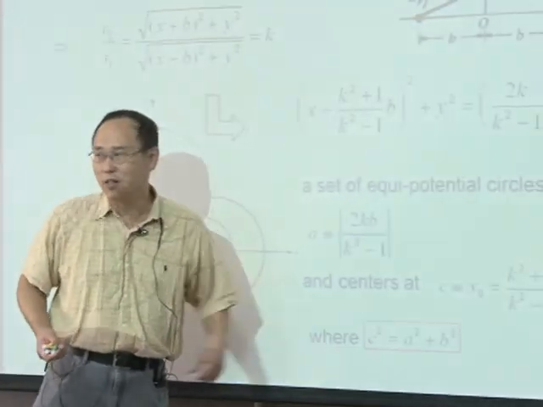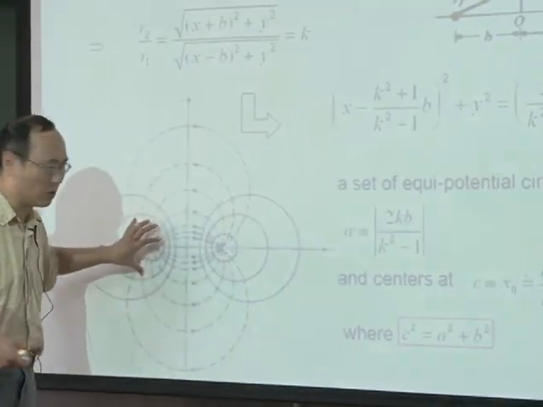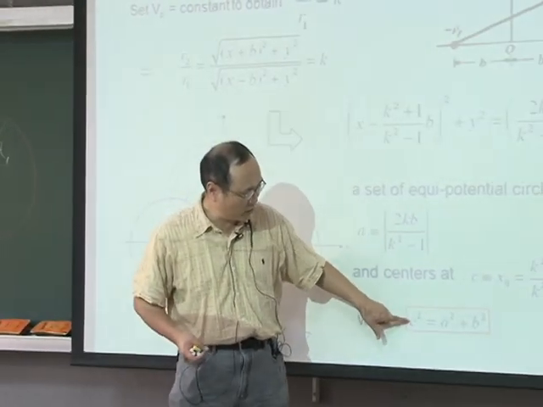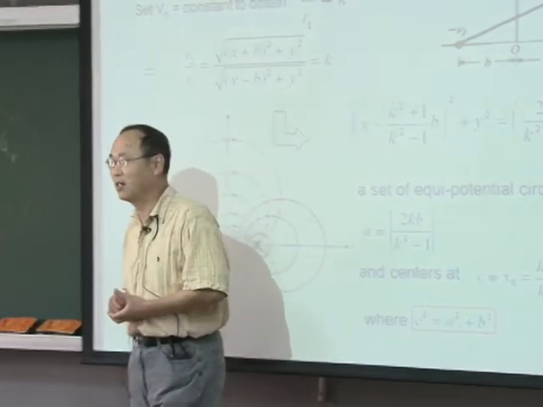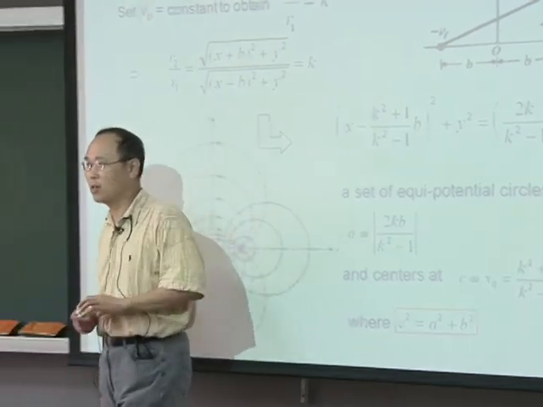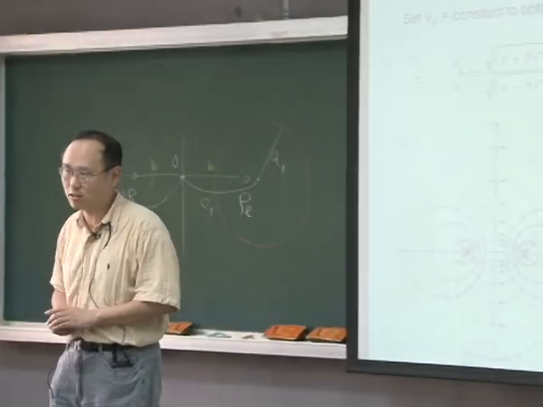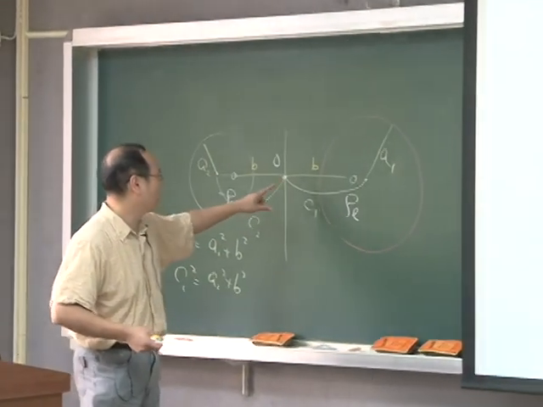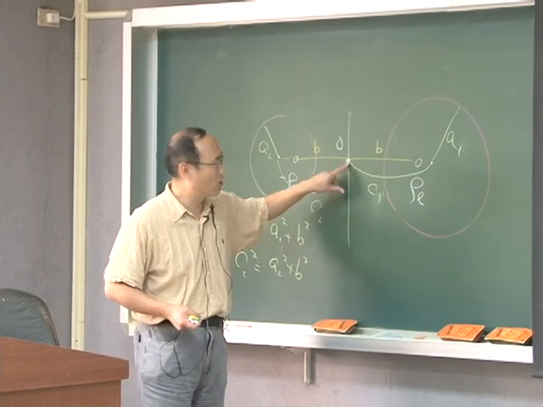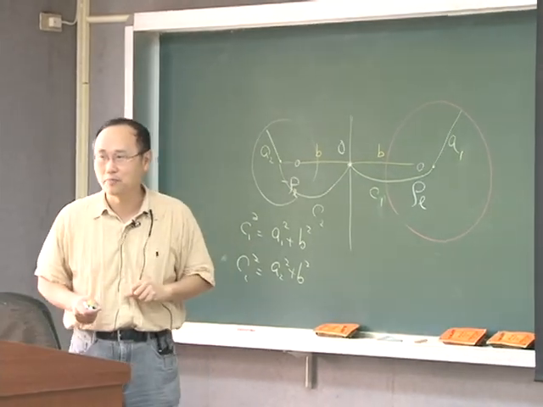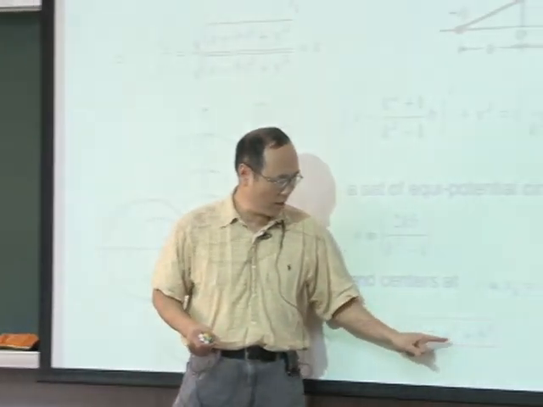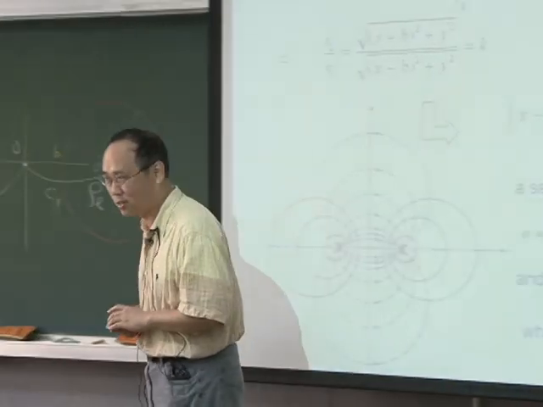But for different equipotential surfaces, for different circles, you need to put in different C and different A, but B remains the same. Remember this, B is a constant. It's the distance from the line charge to the origin.